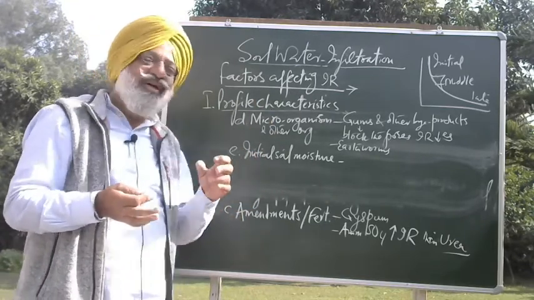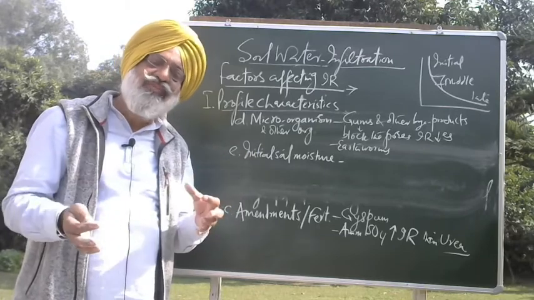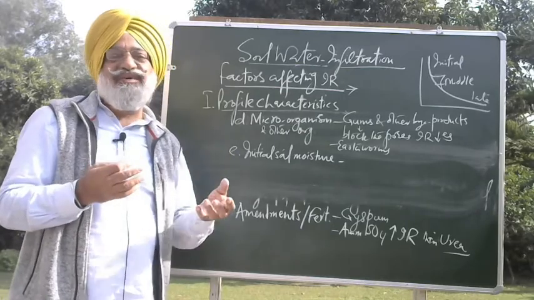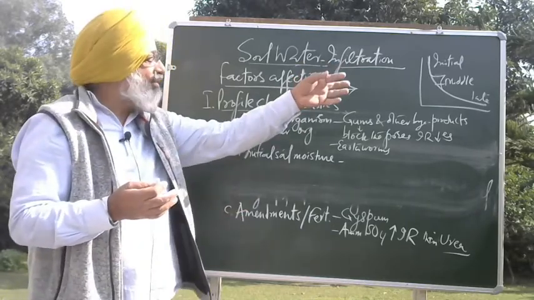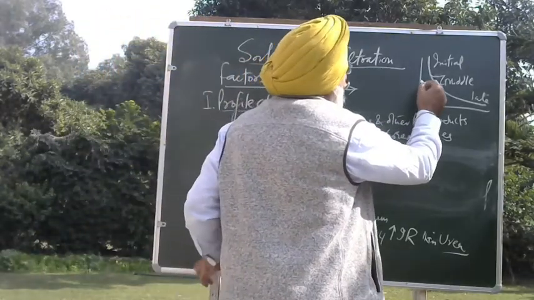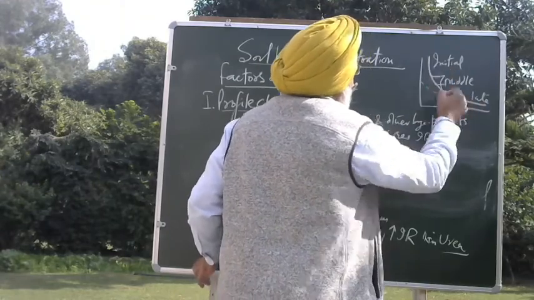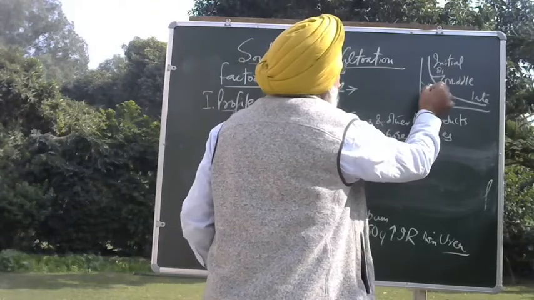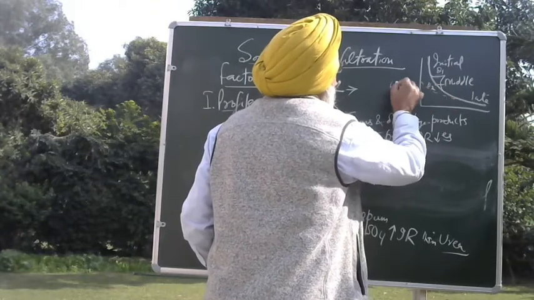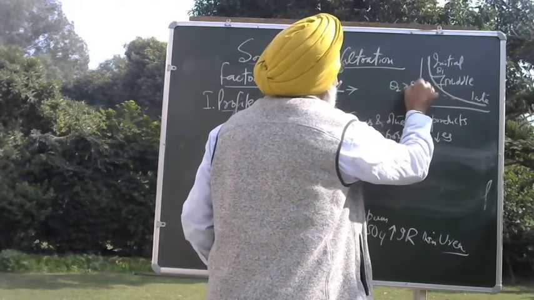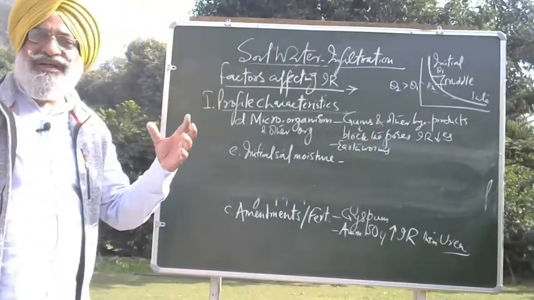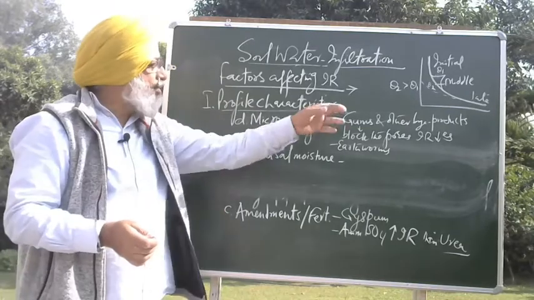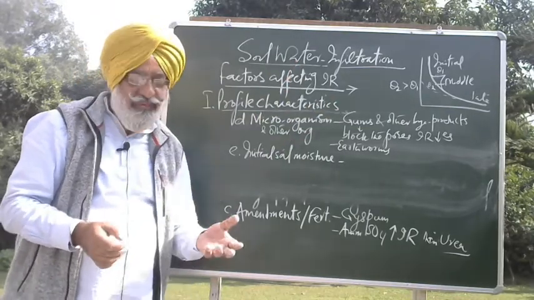But if your soil has some moisture content, the higher the initial soil moisture content, the lower will be the infiltration rate. Then this curve could be like this, not like this, because here you have theta 1, here you have theta 2, and theta 2 is higher than theta 1. So if your soil is dry, initial rate will be high. If your soil is wetter, initial rate will be low.